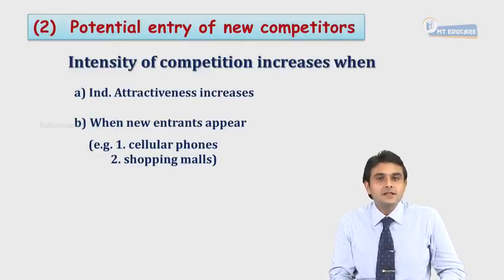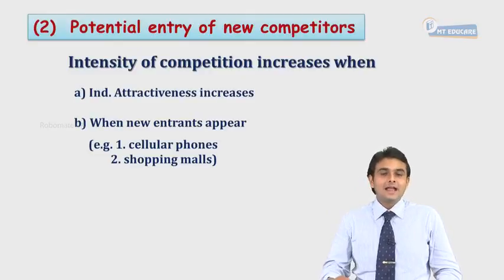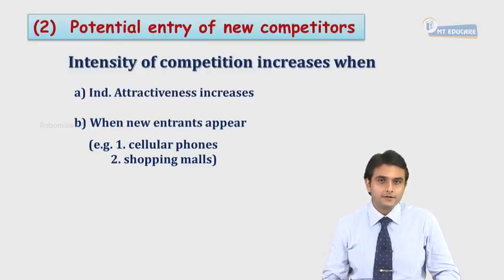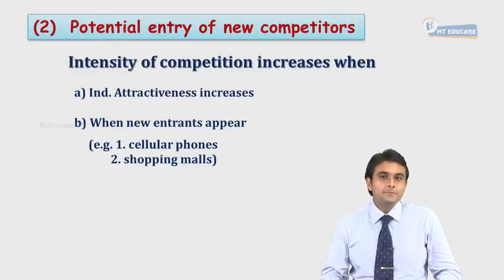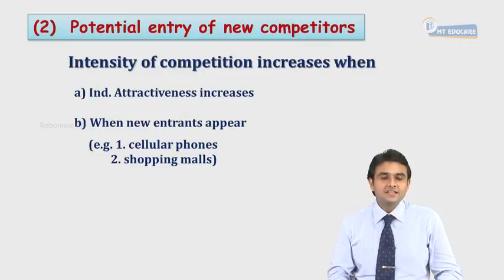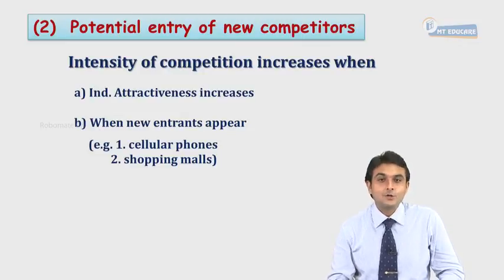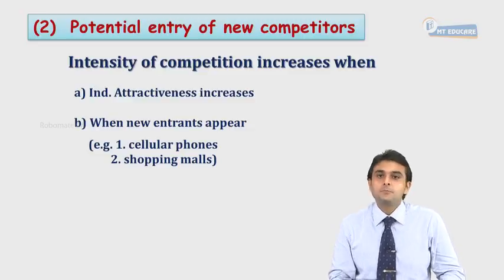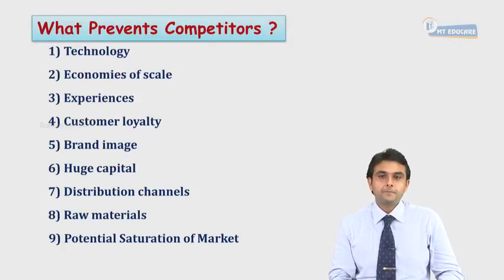If the industry attractiveness increases, and attractiveness here means profitability, if businesses feel that one particular industry has a high growth rate, then more and more businesses will get attracted to that industry. And that certainly tends to increase the competition. That is what this point refers to, potential entry of new competitors.